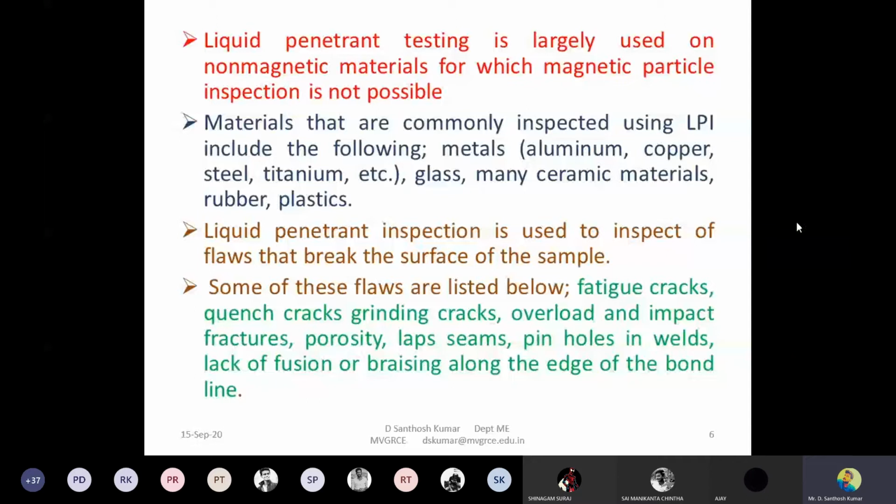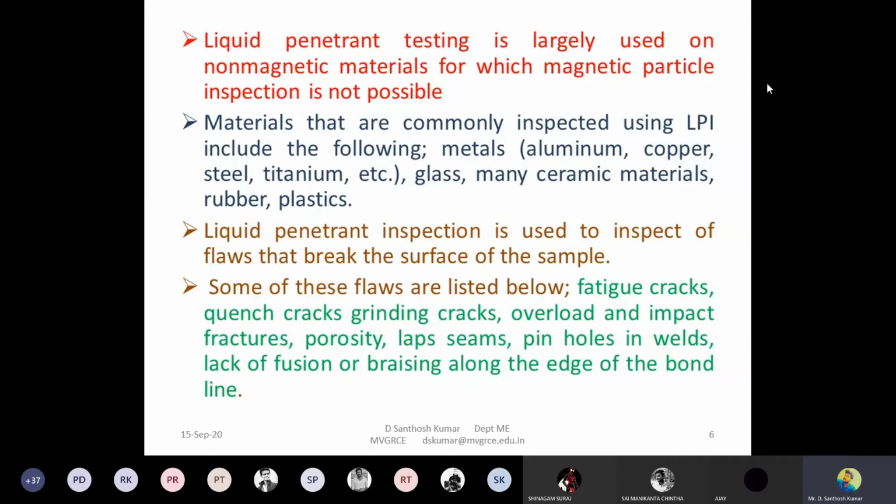Liquid penetrant inspection is used to inspect flaws that break the surface of the sample. That is very important. So what kind of flaws may be there? It may be fatigue cracks, quench cracks, grinding cracks, maybe impact fractures. No need for fractures, as fractures you can easily visualize.